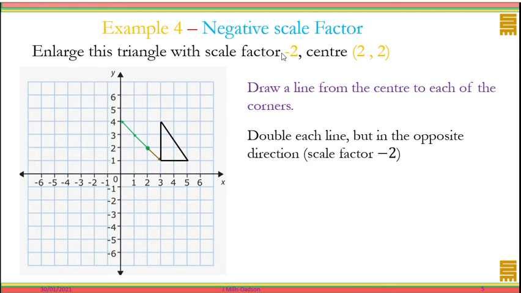Why? Because it says negative. You're going to reverse it. Next point, we're going to double this line the opposite way. Last point, we're going to double this line the opposite way.